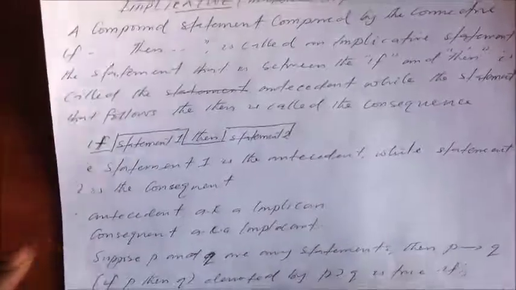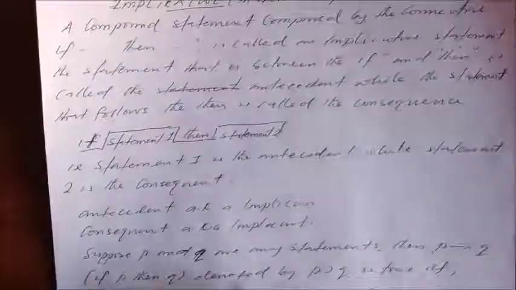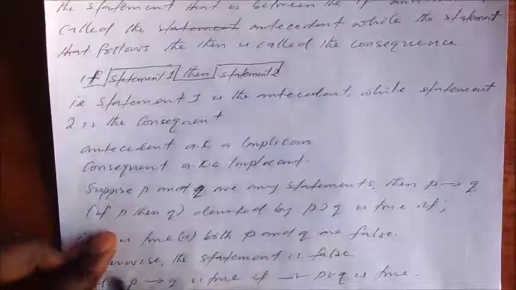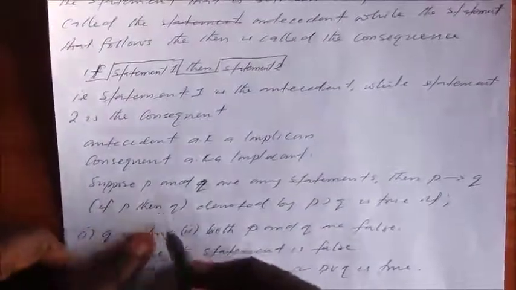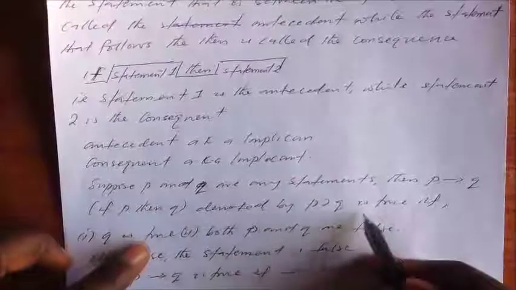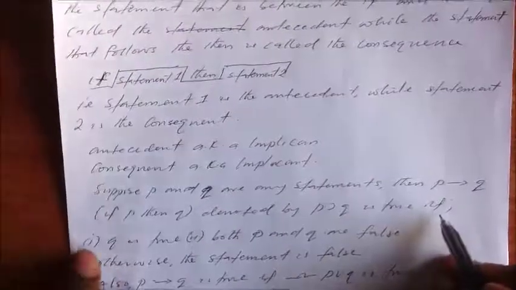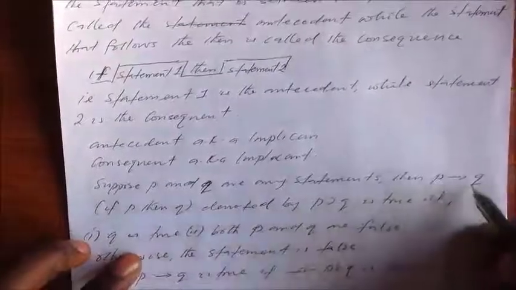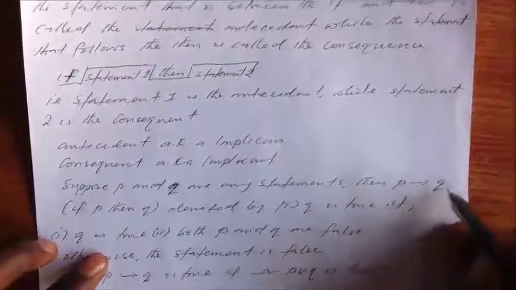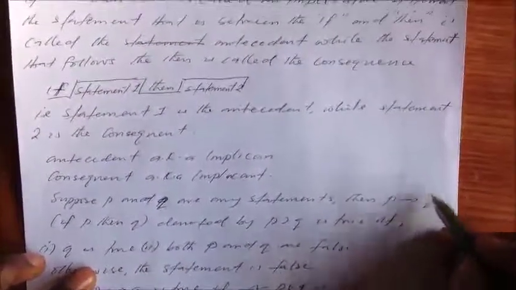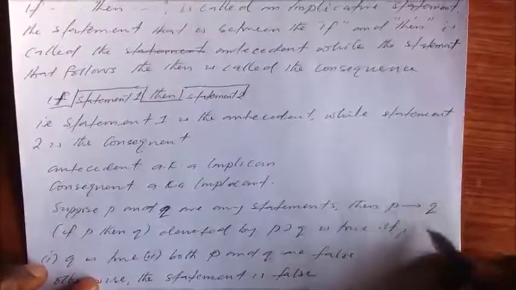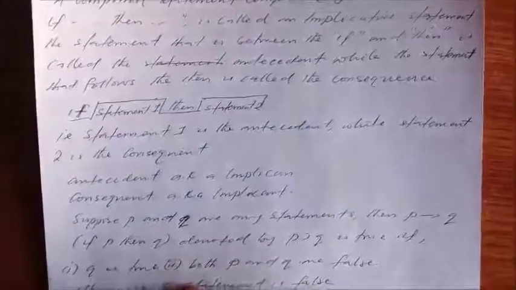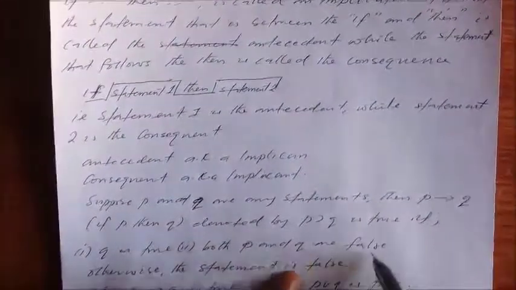Suppose P and Q are any statements, then P implies Q, which is if P then Q. P implies Q is true if Q is true, meaning the value that has been implied must be true for the statement to be true, or both P and Q are false.